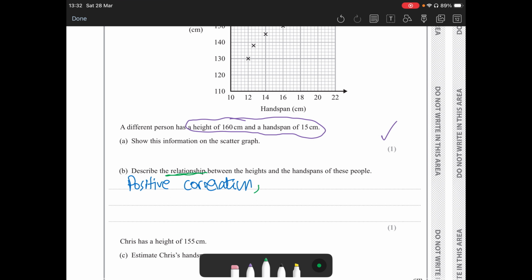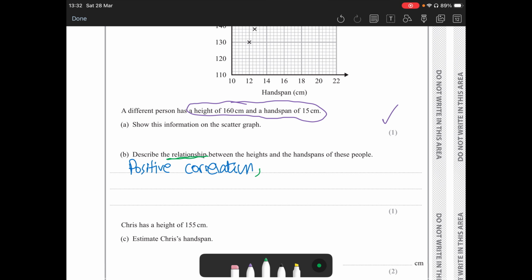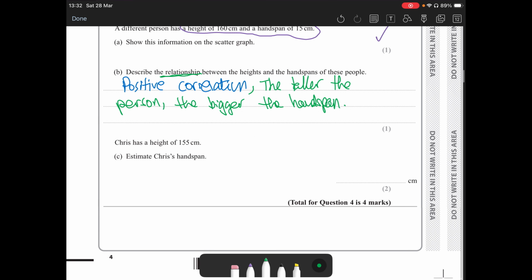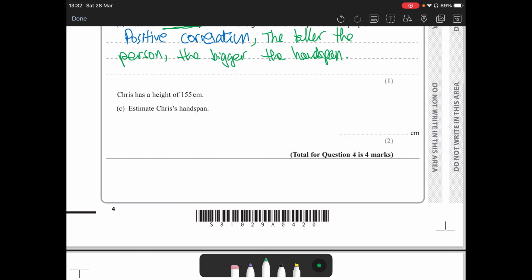So we would say positive correlation, the taller the person, the bigger the hand span. So when it says the relationship, it basically wants you to give it context. Give it meaning. Don't just say positive correlation. Describe what it actually is talking about.